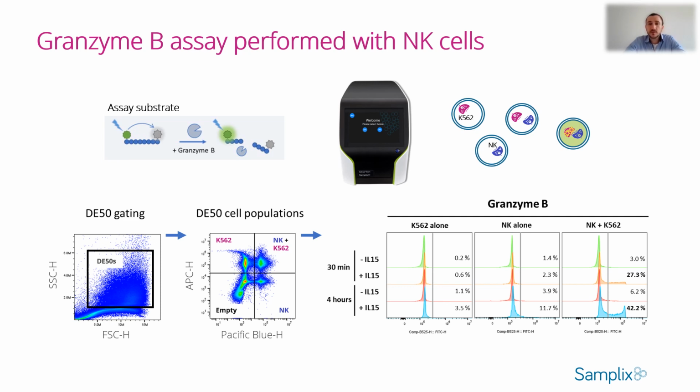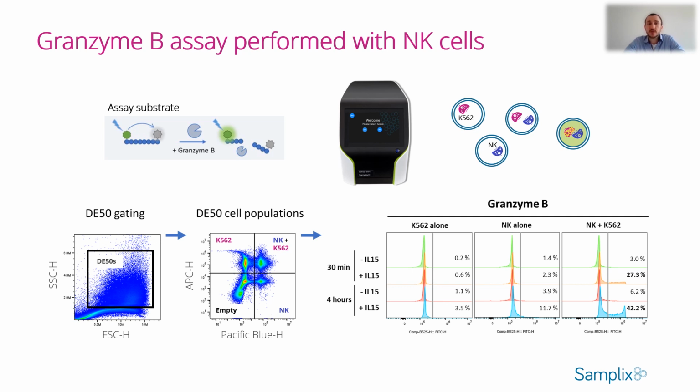If we look at that, we can see that after 30 minutes of incubation in the IL-15 stimulated cultures, we have an increased ratio of droplets containing granzyme B, to around 27% after just half an hour of incubation.